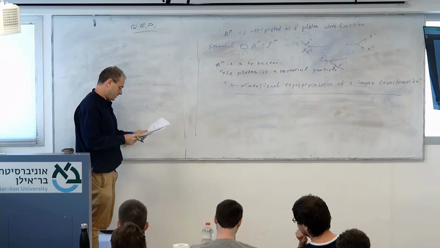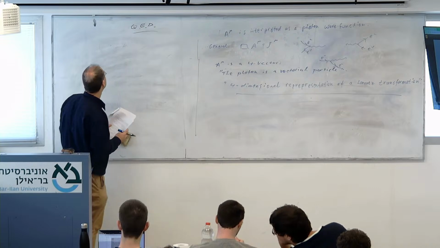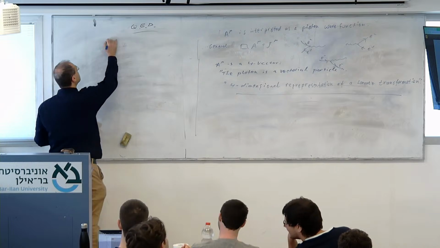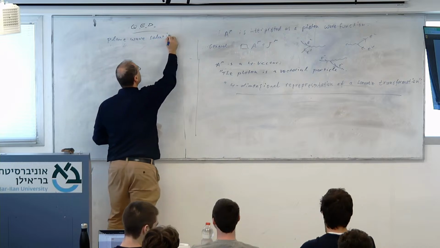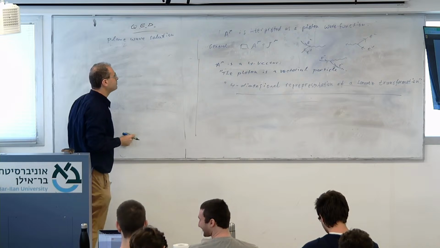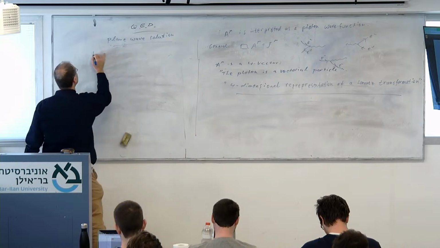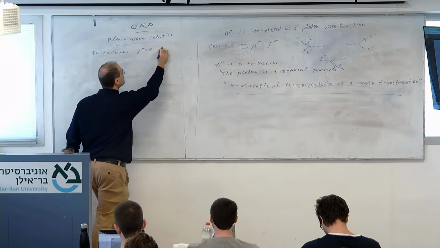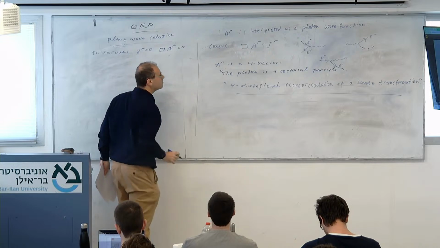Now, the solution, what do we call it? Plane wave solution. So in vacuum, J mu is equal to 0. In the vacuum, we have J mu equal to 0, so the equation we have is the d'Alembertian of A mu equal to 0.